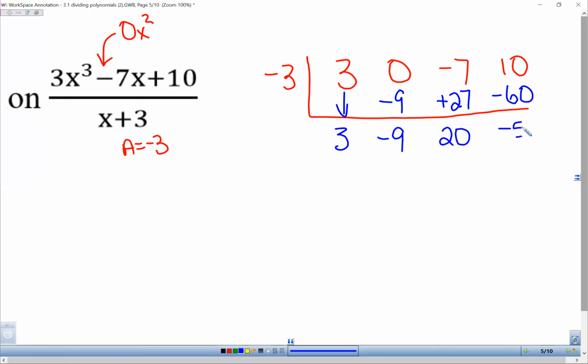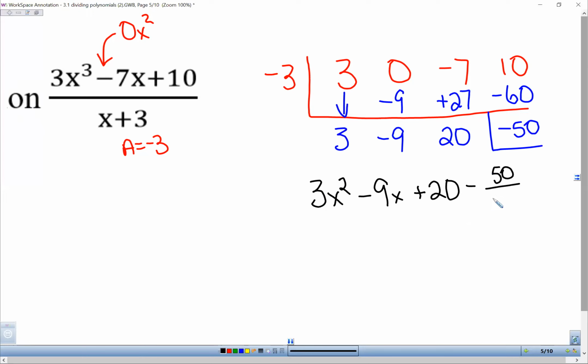So we're left with negative 50. Remember, this is your remainder. You can put a box to separate it if you need to. So our answer here is 3x squared minus 9x plus 20 minus 50 over x plus 3. And since this is negative, that's where our minus comes from.